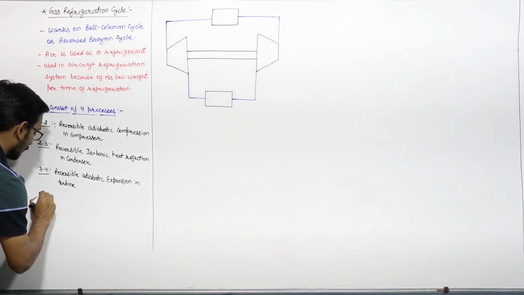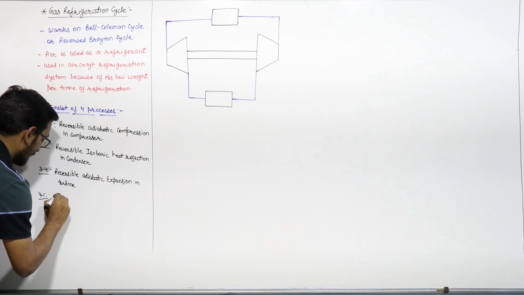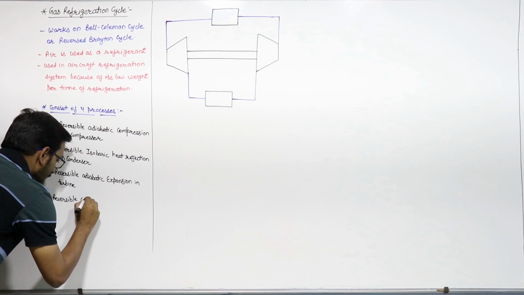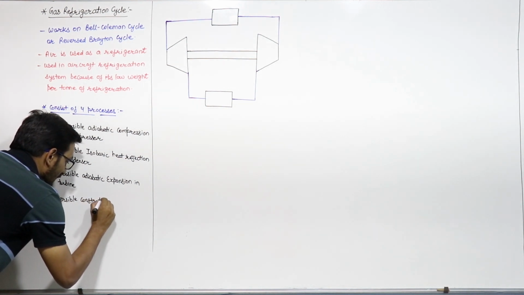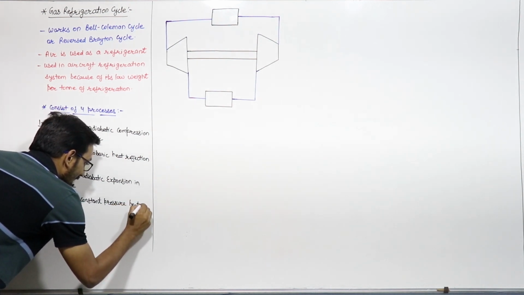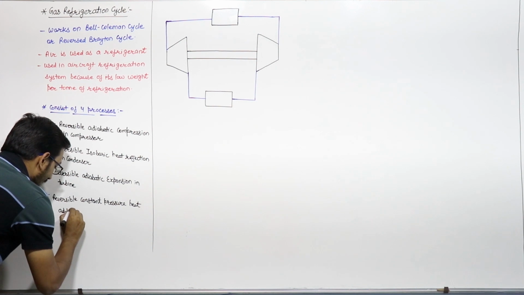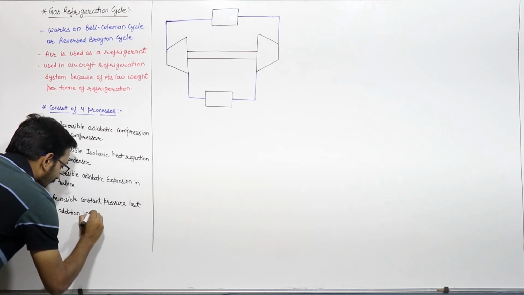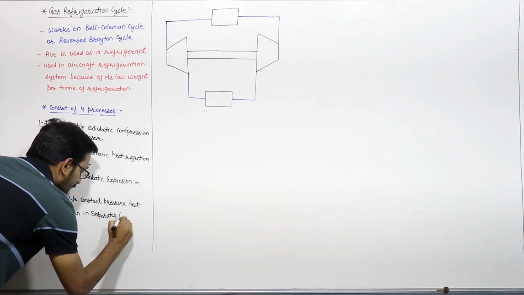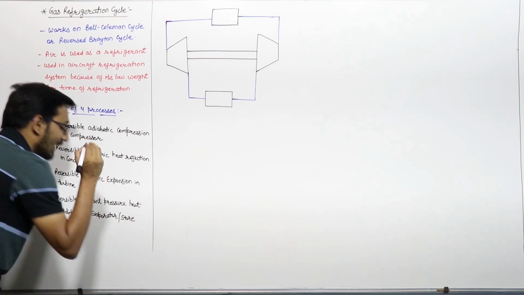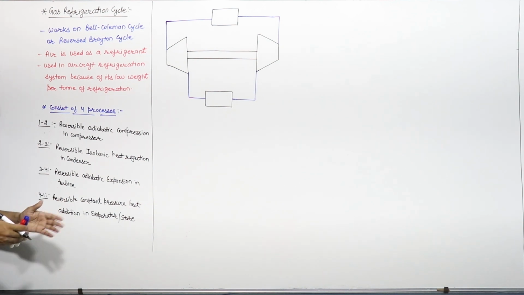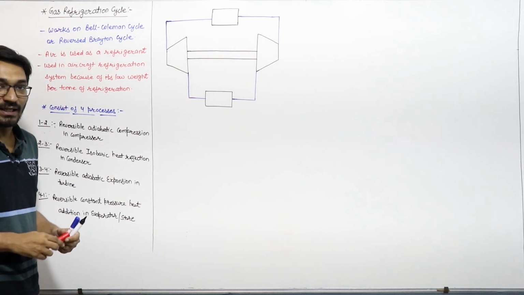And the last process, 4 to 1, is reversible constant pressure heat addition in the evaporator, or you can say in the storage, which you have to maintain at a temperature lower than that of the surroundings. Both the heat transfer processes are at constant pressure. These are the four processes in the reversed Brayton cycle.